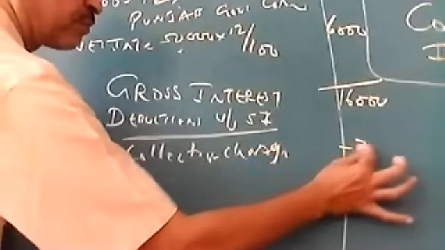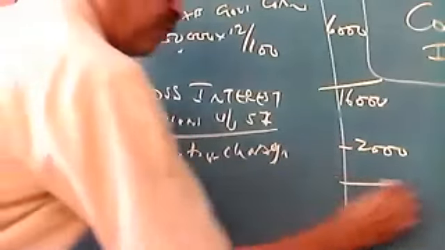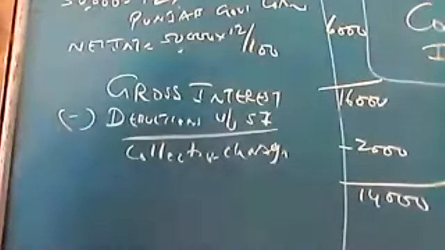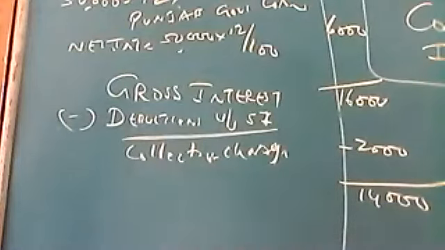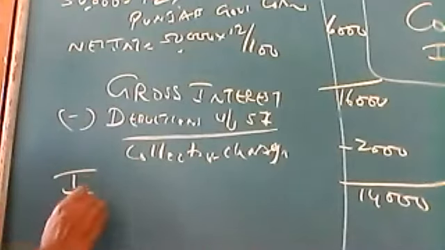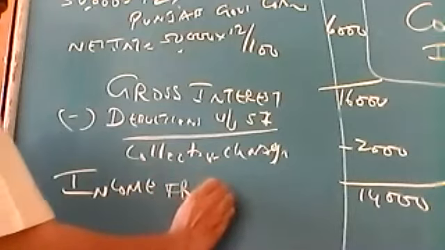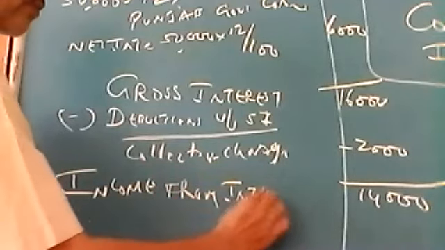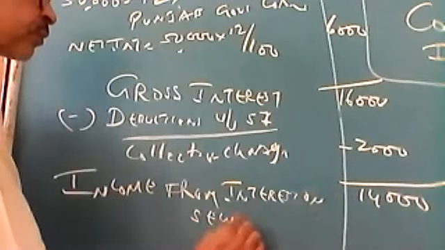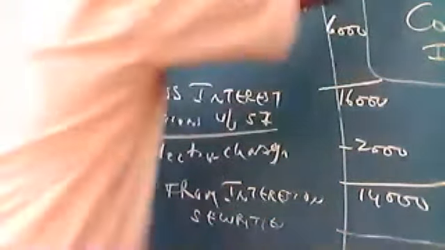Reduce 2,000 from 16,000. You will get 14,000. 14,000 is called income from interest on securities. This is the way how to calculate income from interest on securities.